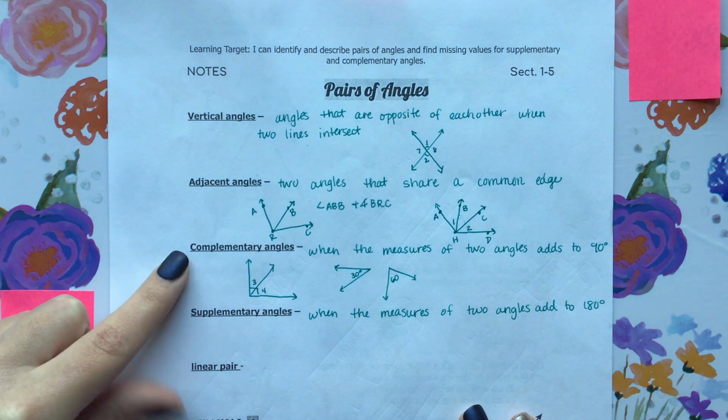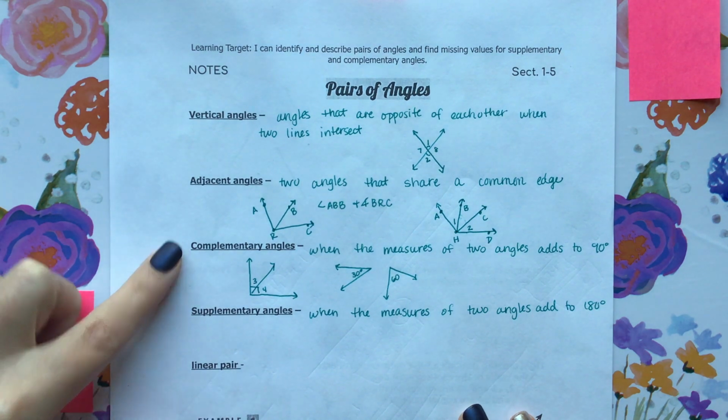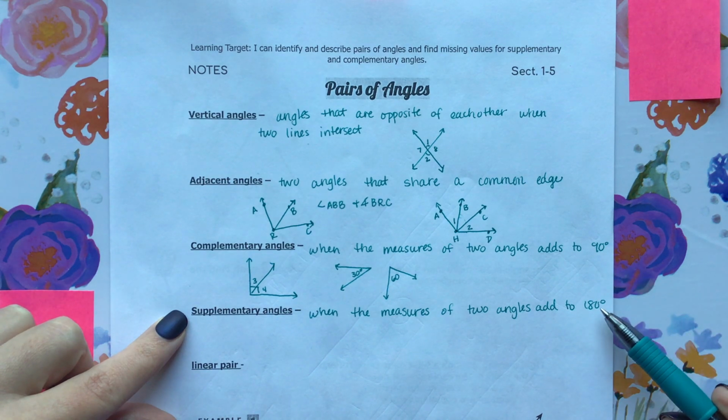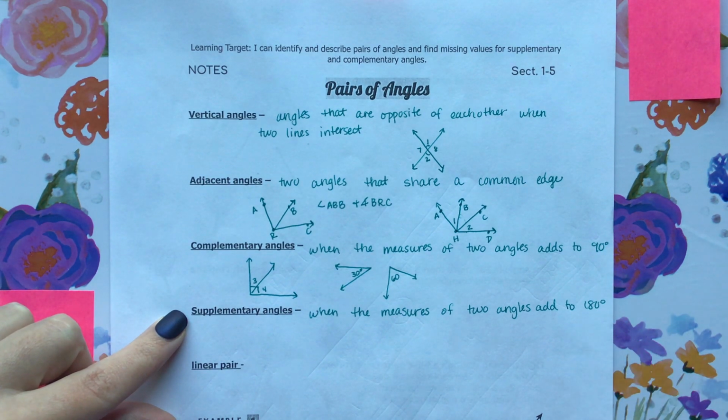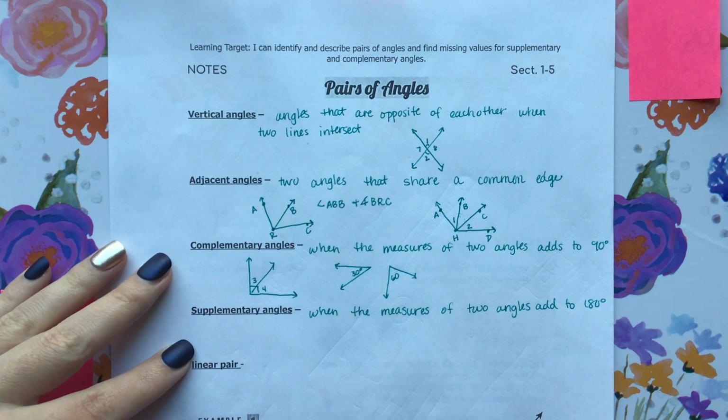An easy way to remember it is complementary starts with a C and supplementary starts with an S, and C comes before S in the alphabet, just like 90 comes before 180 when we're counting. So if you're one of those people that gets them mixed up, just think it goes in order alphabetically as well as their values. So supplementary angles add up to 180 degrees.